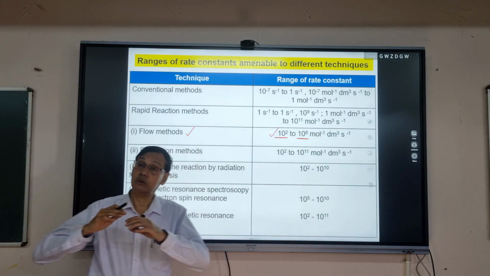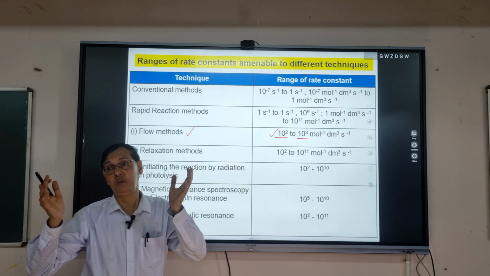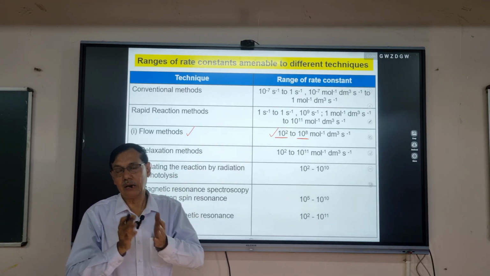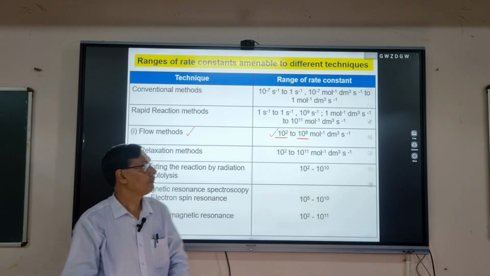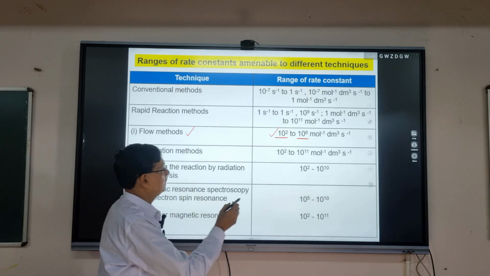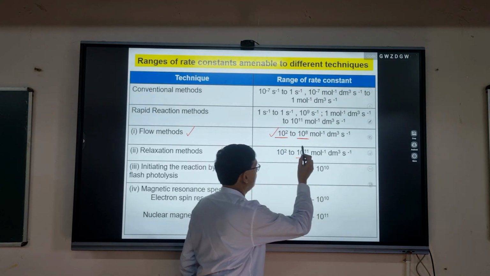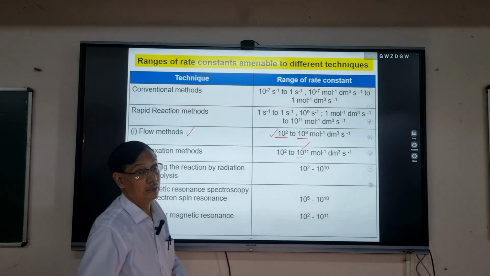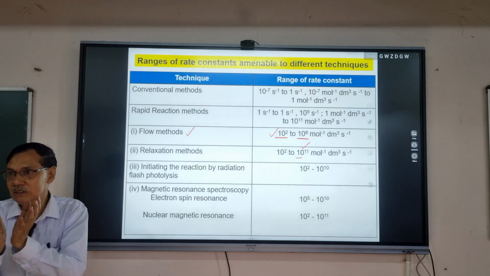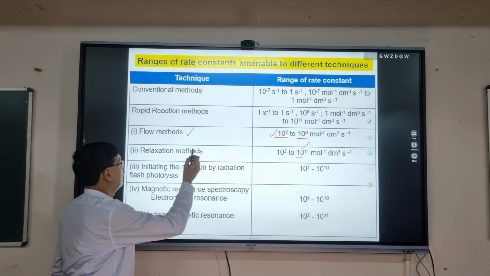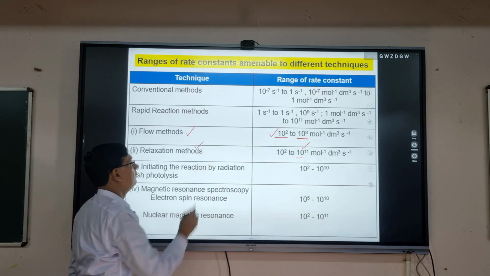But if the rate constant is beyond this 10 to the power 2, then of course the stopped flow kinetic method will be used. Similarly, if you want to study a reaction whose rate constant is 10 to the power 11, like water reactions, because that is the starting point, Manfred Eigen, therefore the relaxation method will be used.